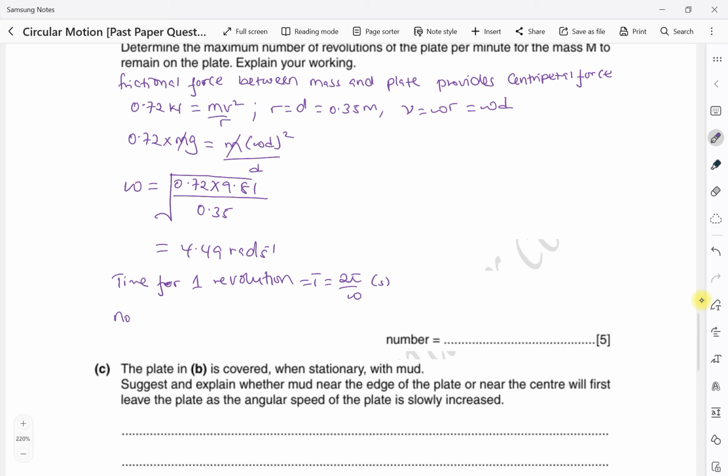Time for one revolution is that the number of revolutions in 1 minute. That is the same as 60 seconds divided by the time for one revolution, which is 60 divided by 2 pi over omega.